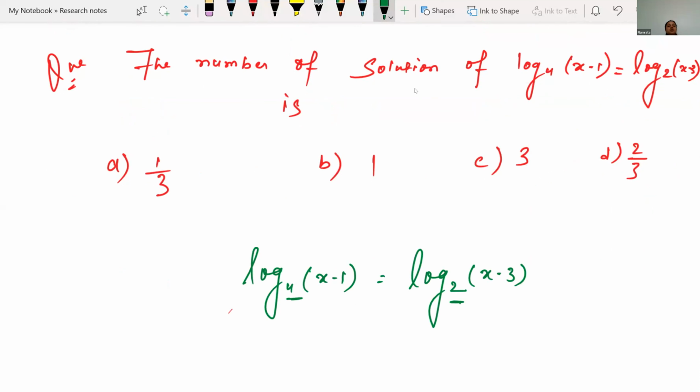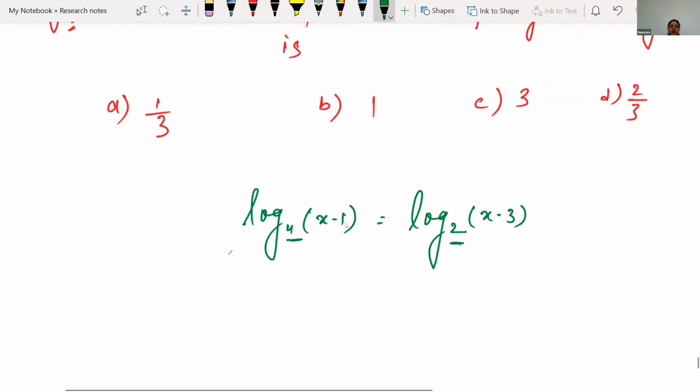Can you tell me which property of logarithm we can apply over here so that we can simplify both the sides very easily? Any property of logarithm which can be applied over here? It's just like solving an equation having a logarithmic function.